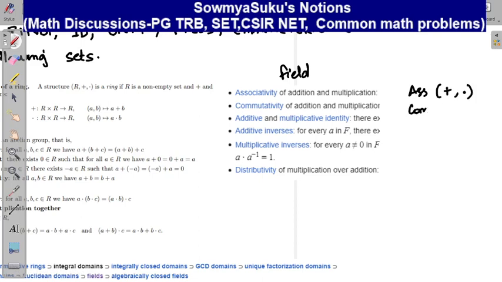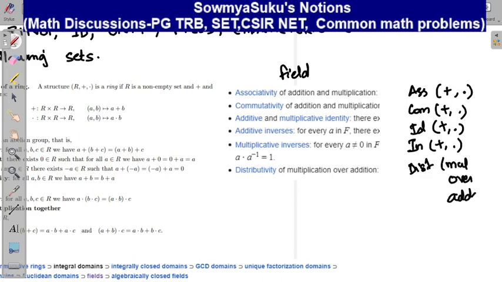The same for commutative: plus and dot should satisfy, and additive and multiplicative identity should be satisfied. And for inverse, the same, multiplicative and additive. And distributive should be satisfied for multiplication over addition. If these conditions are satisfied, we can say the concerned set is a field.